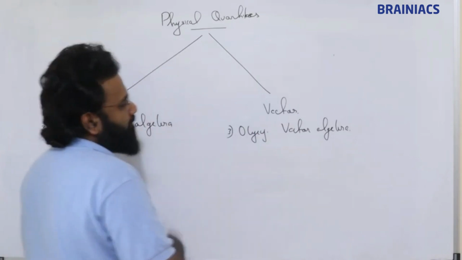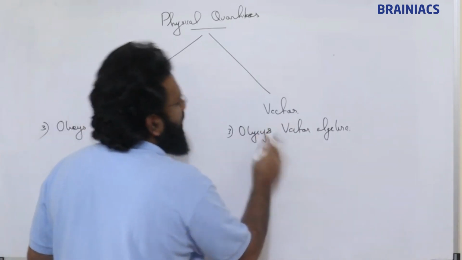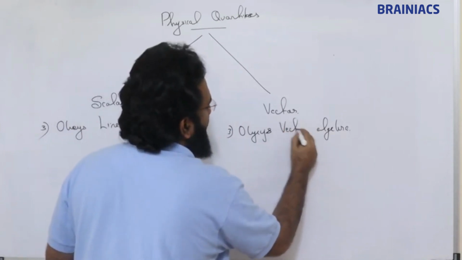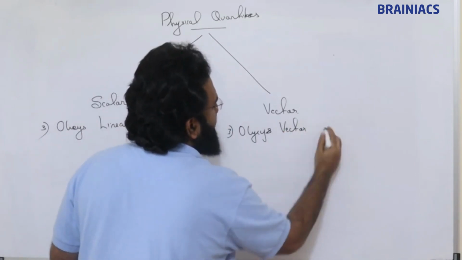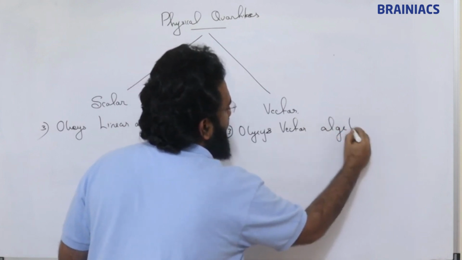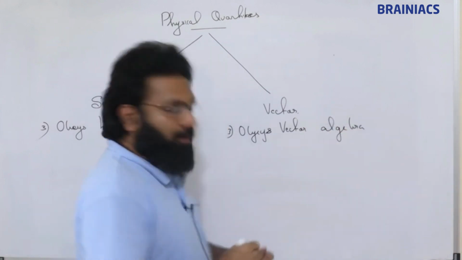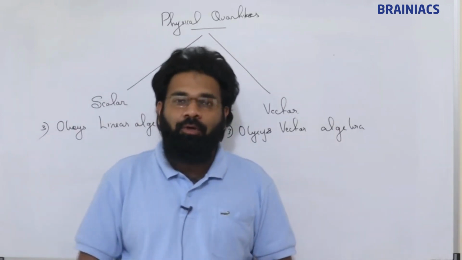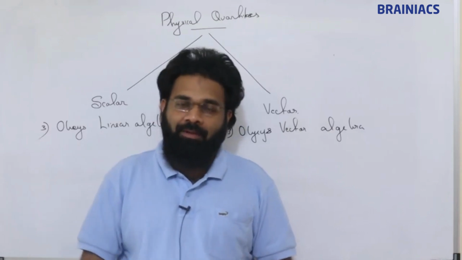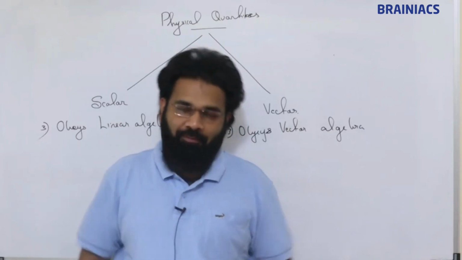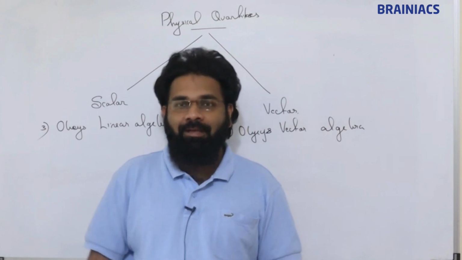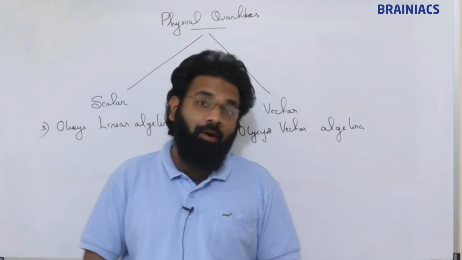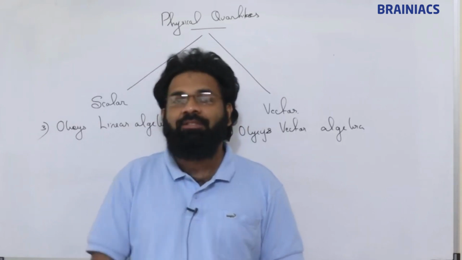What about this? This obeys vector algebra. What is this vector algebra? This is what we are going to study. In vector, 2 plus 3 need not be equal to 5. Clear? 3 plus 3 need not be equal to 6. All it depends on the angle in which they are acting.